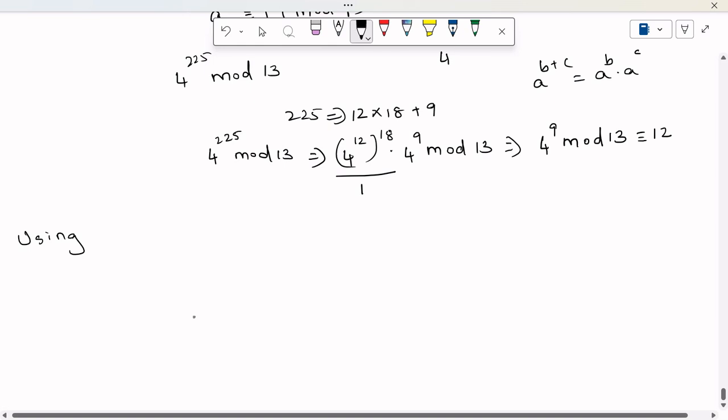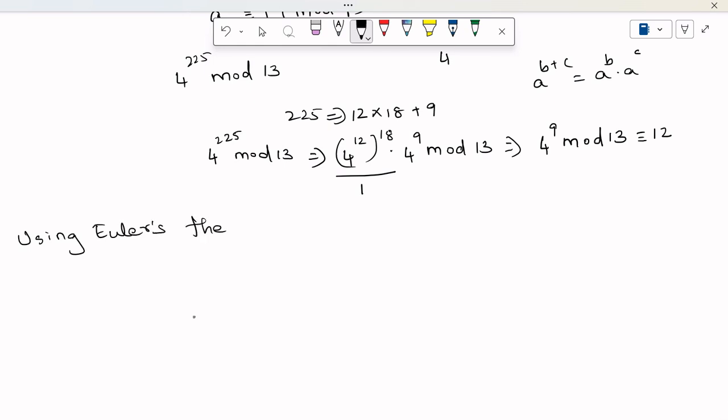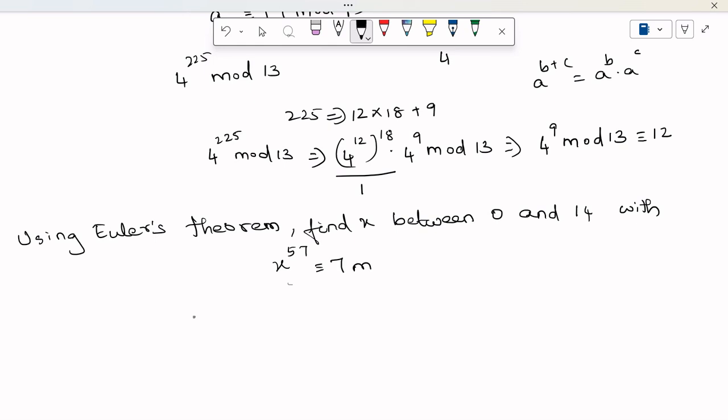Using Euler's theorem, find x whose value falls between 0 and 14, with x^57 is congruent to 7 mod 15.